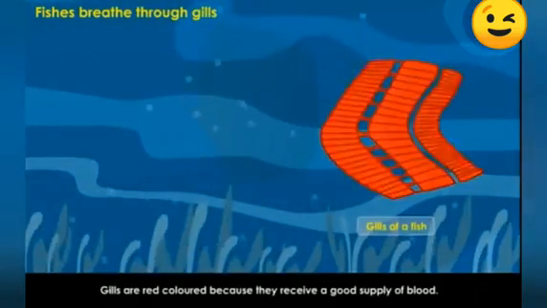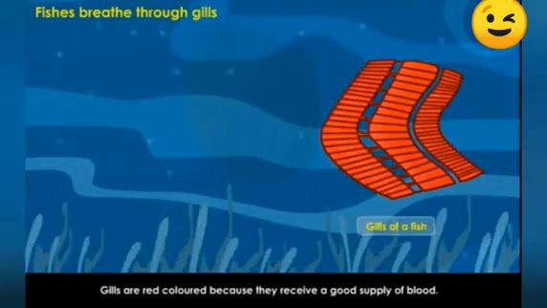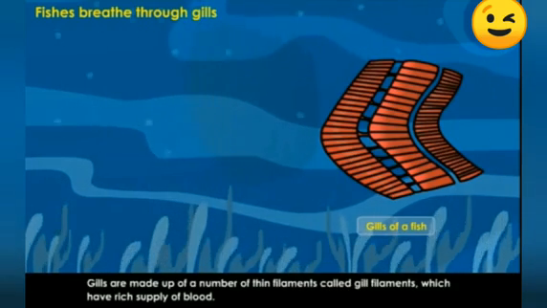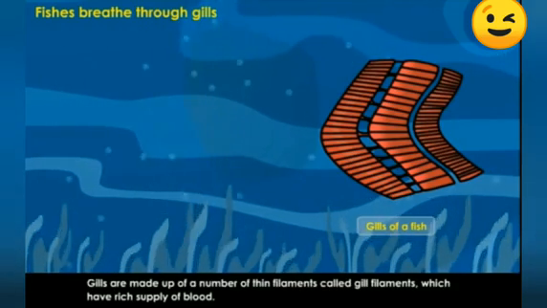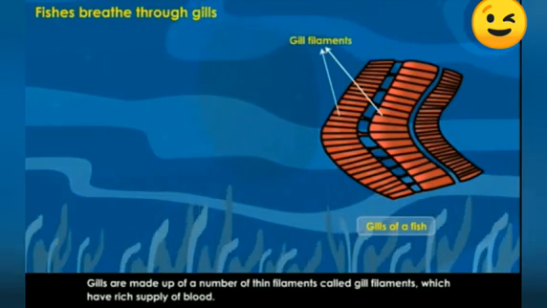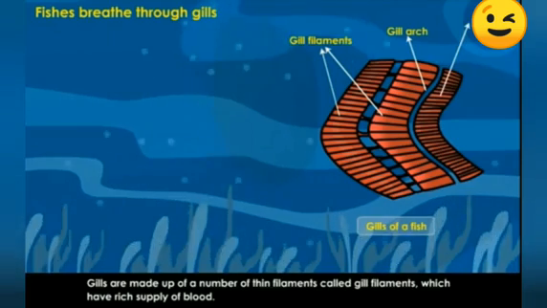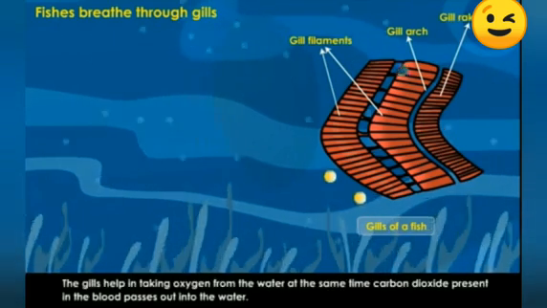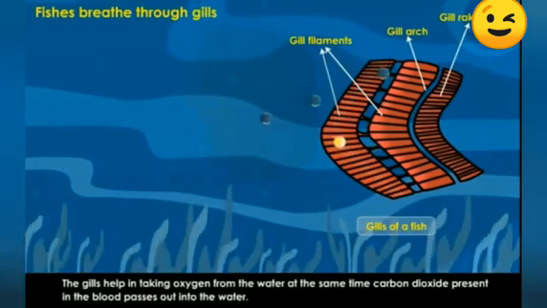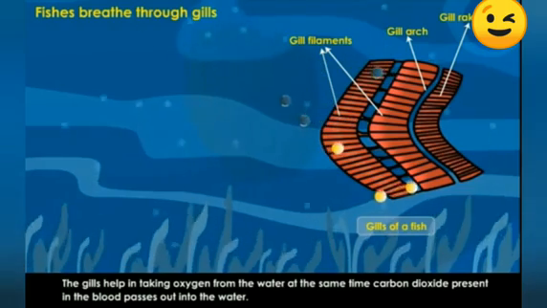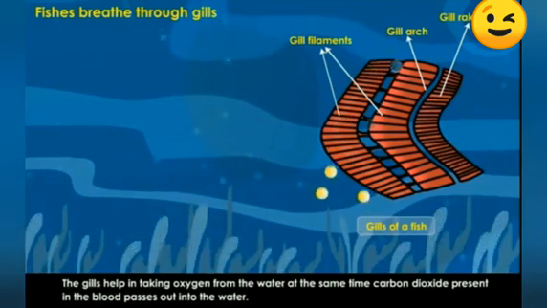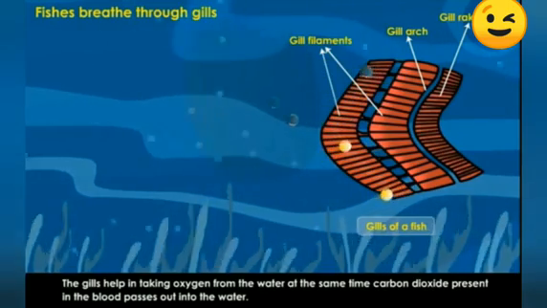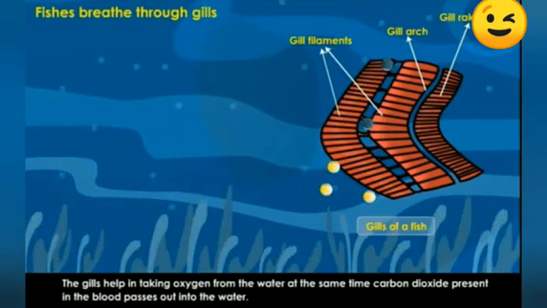Gills are red colored because they receive a good supply of blood. Gills are made up of thin filaments called gill filaments, which have a rich supply of blood. The gills help in taking oxygen from the water. At the same time, carbon dioxide present in the blood passes out into the water.